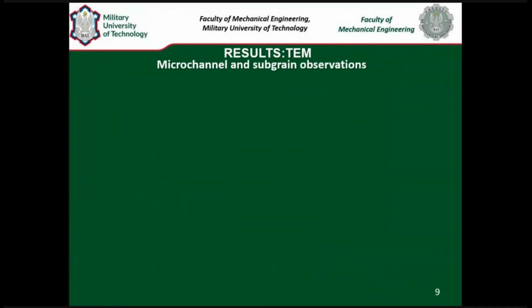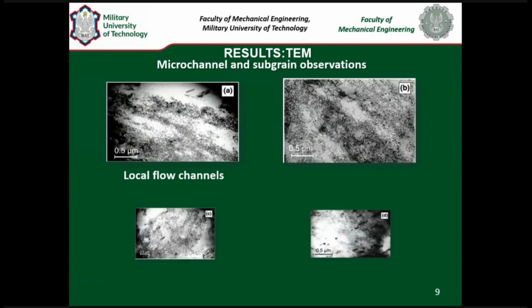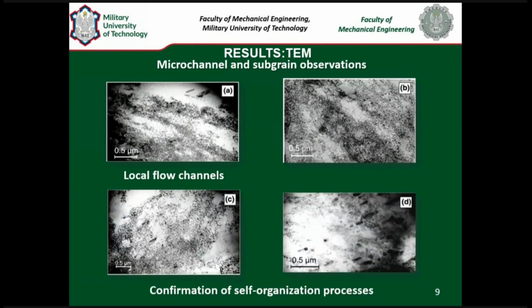The results of TEM observation show that we have microchannels and subgrain structure, local flow channels. This generally confirms a self-organization process in local volumes of material. At the moment of application of the additional force impulse, a non-equilibrium dynamic process starts in the structure.